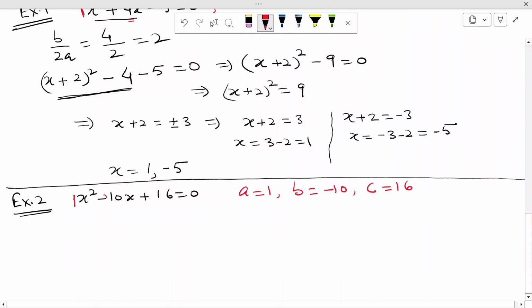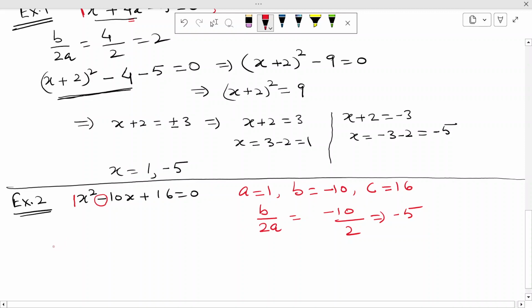Here you look at the sign, which is negative. Now if you consider b over 2a, that will be minus 10 over 2 times 1, so this is minus 5.